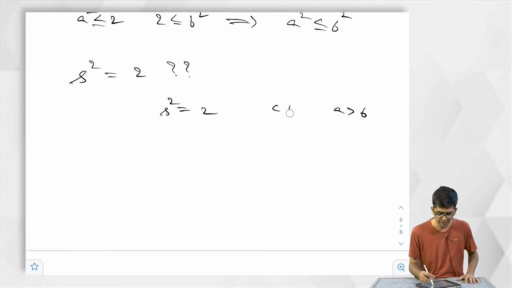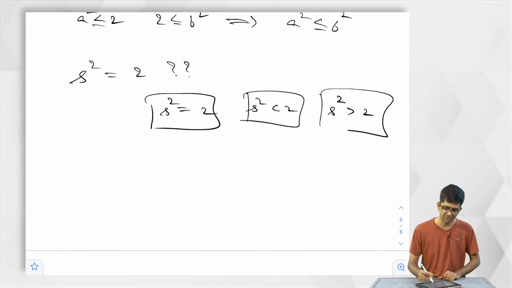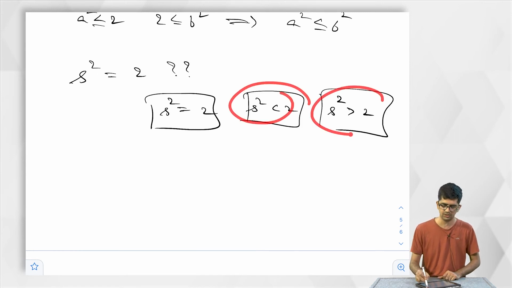So one of the following should occur: either S square is equal to 2, or S square is less than 2, or S square is greater than 2. If S square is equal to 2, we do not have anything more to do, and we are very happy. If S square is not equal to 2, then there are two other conditions, so we have to get rid of these situations.